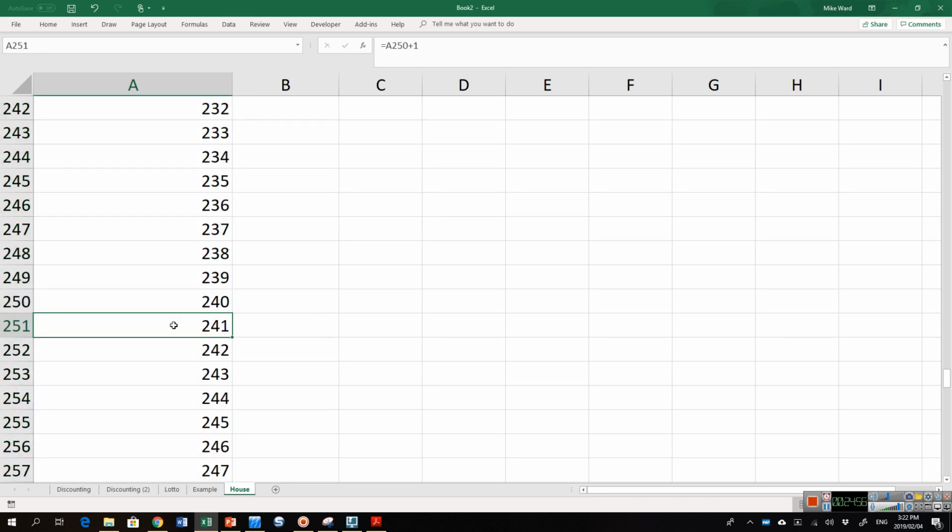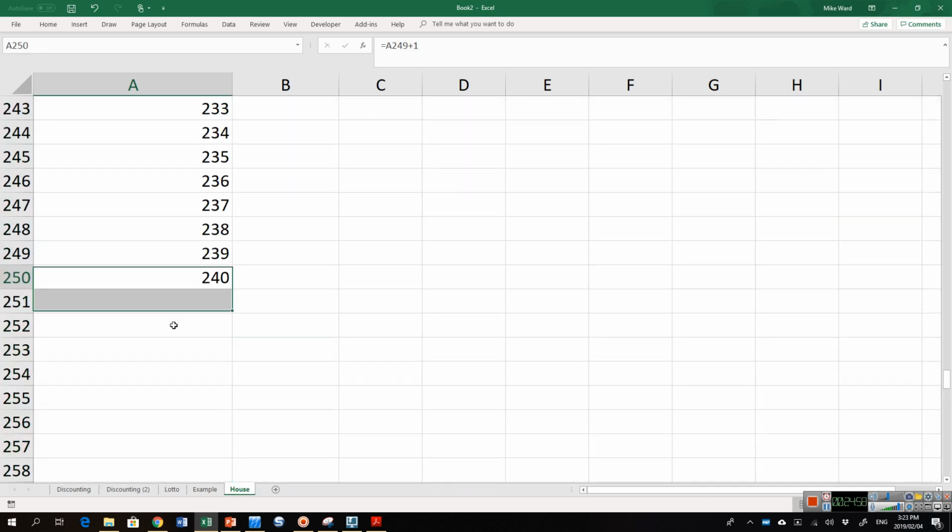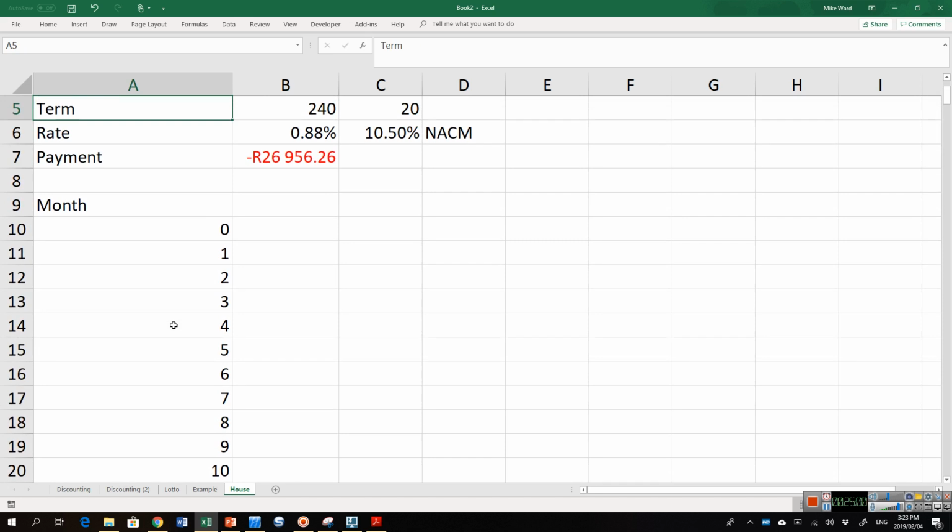I want to just delete all of those months here. I'm going to show you month by month how this would work out, because the banks will have this set up in their ledger. They're going to say, what's the opening balance of your bond? They're going to say, how much interest are we charging you? What payment did you make?